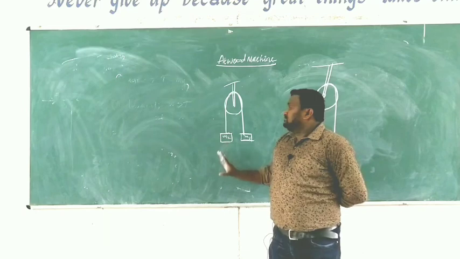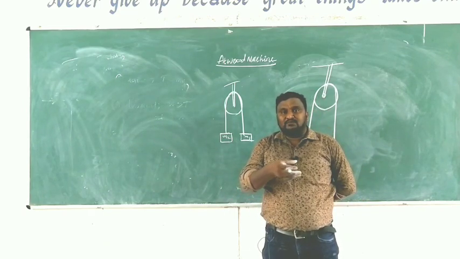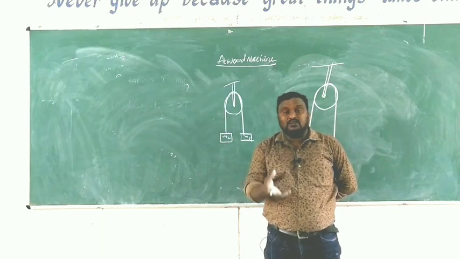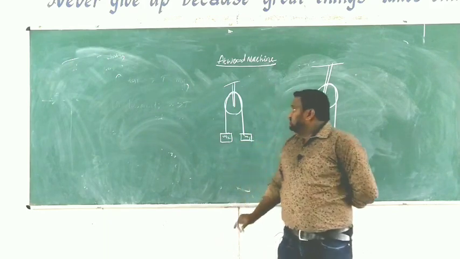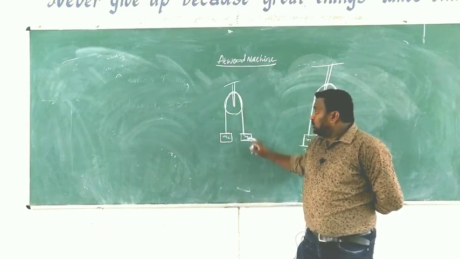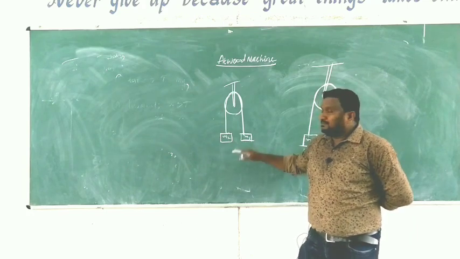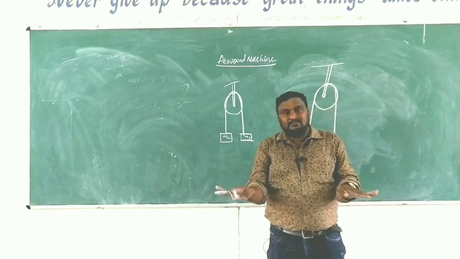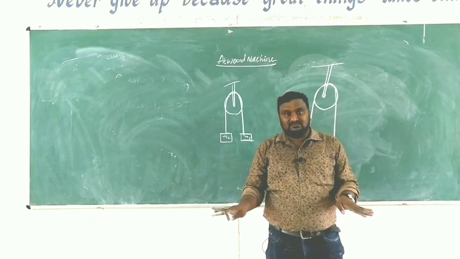In this diagram, a pulley is generally used for wells, to bring water from the depth of the well. So this is the pulley, we take some rope, and two masses are attached. When both are at the same height, that means both have equal mass.